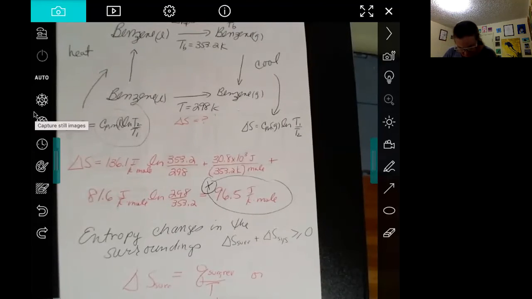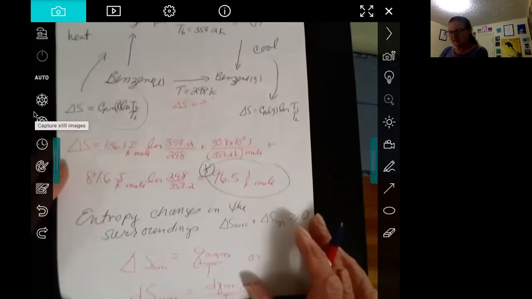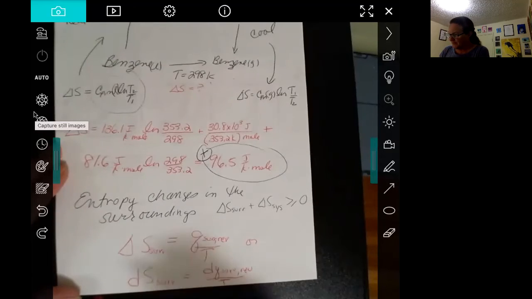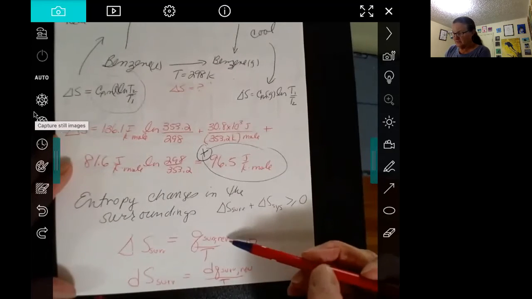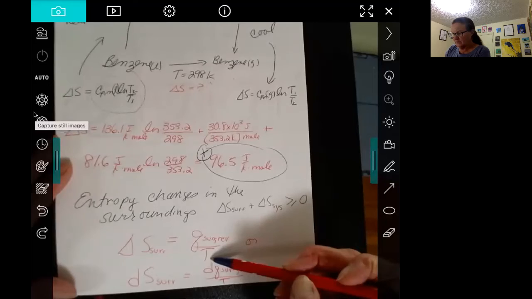So when we talk about the system, those are the equations that we'll use. Now when we talk about the surroundings, it's the same concept, but it's a little easier because in the surroundings, we think of a reaction taking place in a beaker, and the surroundings is the rest of the entire universe. A little bit of heat flows in or out of the universe. Its pressure doesn't change, its temperature doesn't change, and all you have to think about to make it reversible is to do it slowly, and the temperature will stay constant.